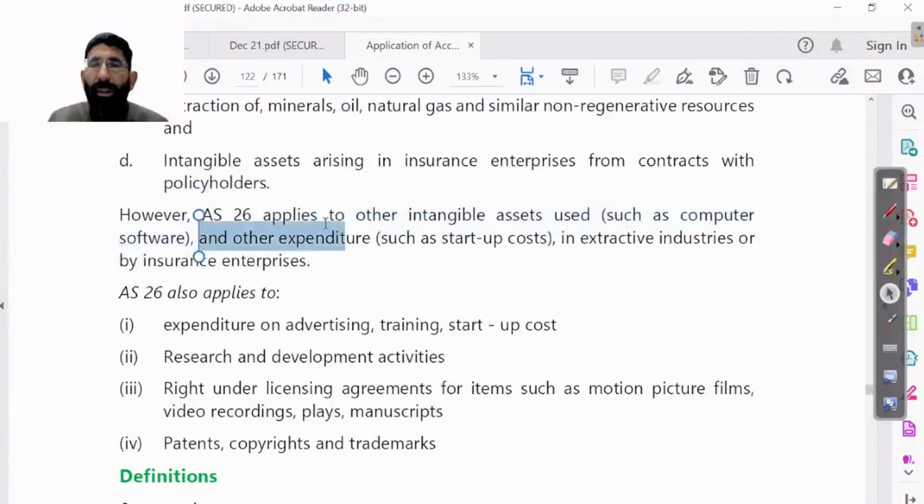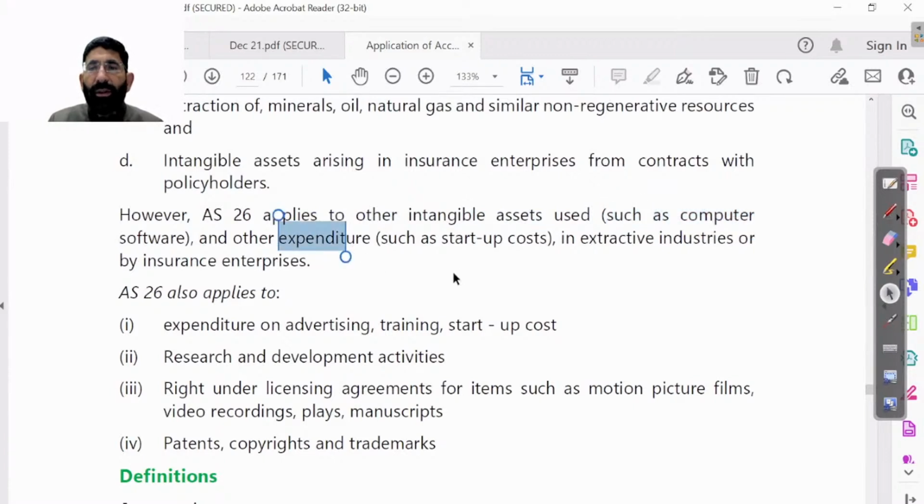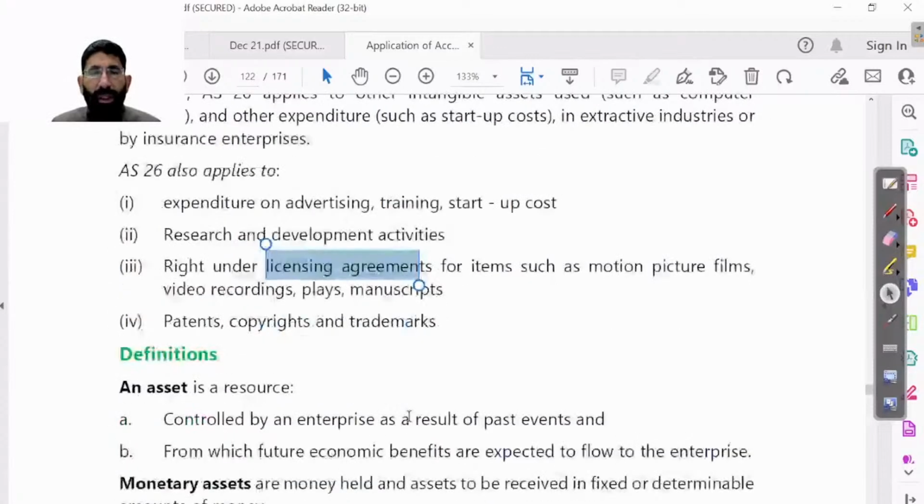Now, AS 26 applies to other intangible assets used, such as computer software, other expenditures in extractive industries and or by insurance enterprises. So other than those, the expenditures incurred will be covered by this. Okay. It also applies to advertisement, training, startup cost, research and development activities, licensing agreements, motion picture films, patents, copyright, etc. On these it will be applicable.